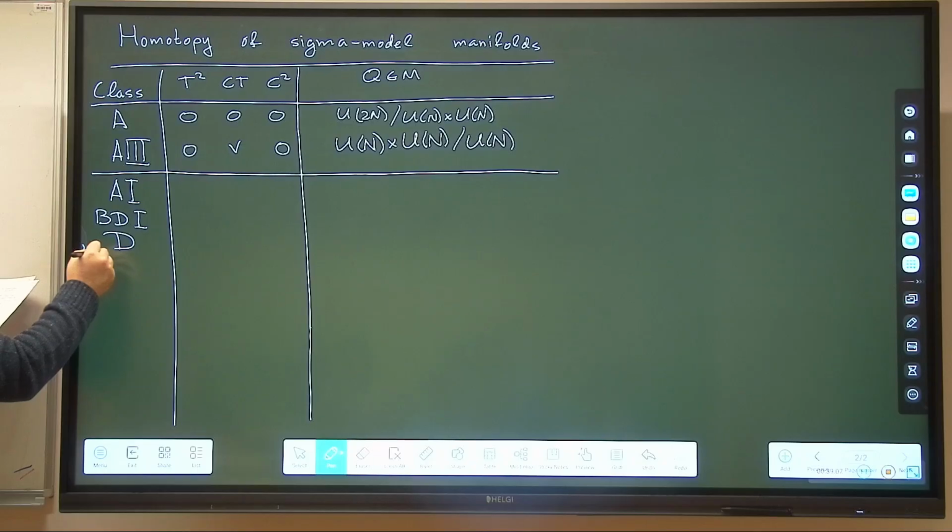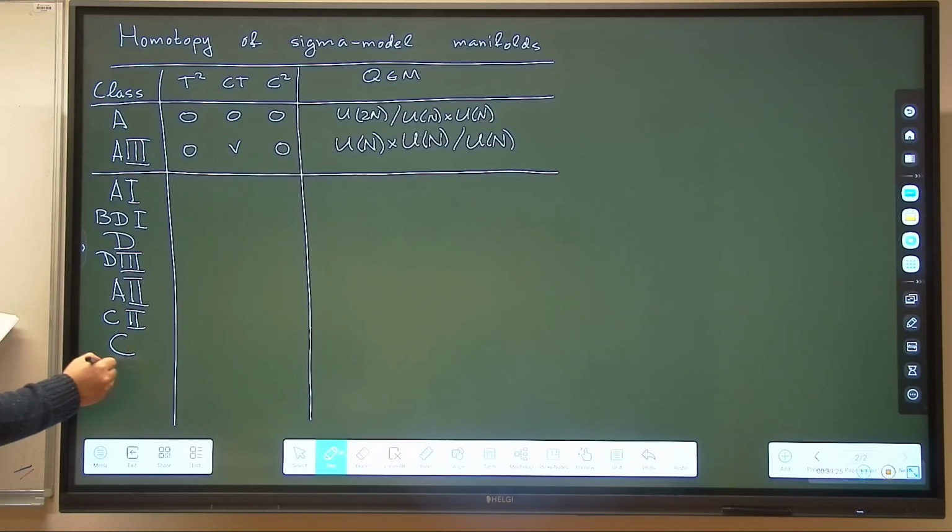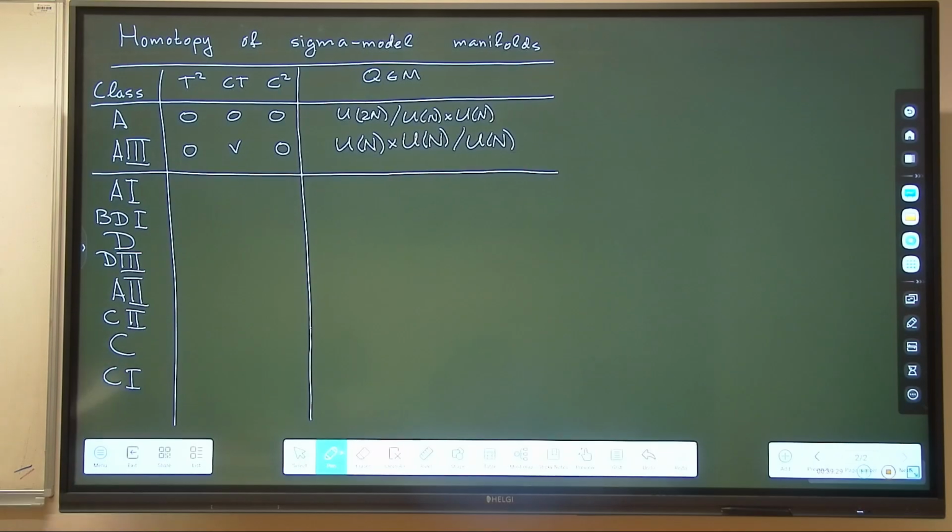Class D3, superconducting symplectic. Class A2, just usual symplectic. Class C2, chiral symplectic. Class C, another superconducting unitary, and class C1, superconducting orthogonal. 8 of them. 1, 2, 3, 4, 5, 6, 7, 8.